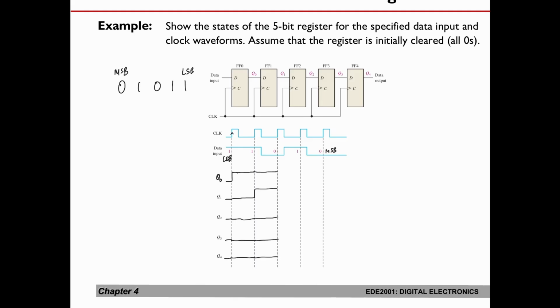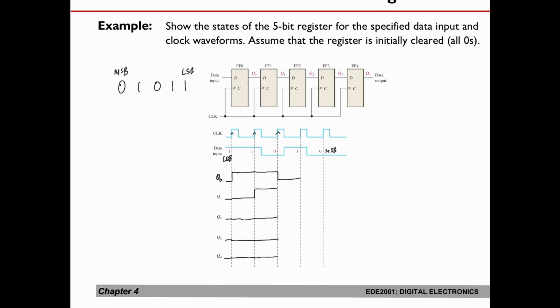Now let's take a look at the next clock cycle. On the outgoing transition, your data input is a 0. You can see that the data input was set to 0 much earlier than the clock's rising edge. After the propagation delay, Q0 is going to drop to 0.